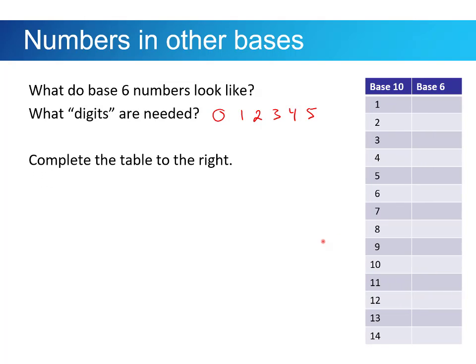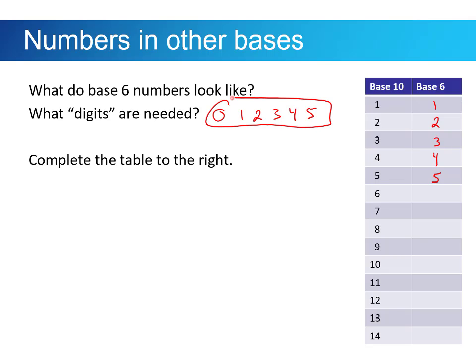So looking at this table to the right, there are the normal numbers, base 10, 1 through 14. Let's see what happens if I just start counting up in base 6. So I have 1, 2, 3, 4, 5, but then I can't write 6. Nope, get rid of that guy, because I'm not allowed to.